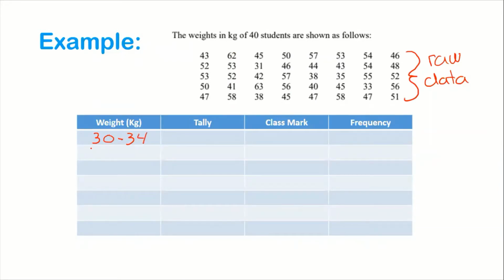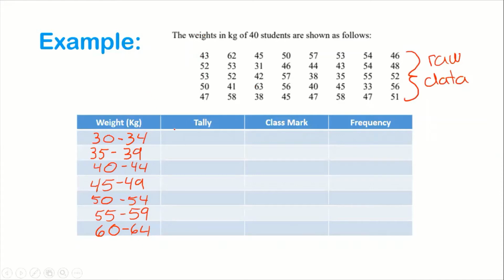And since they have to cover the entire data set, our next is going to be 35 to 39, 40 to 44, and so on, 45 to 49, 50 to 54, 55 to 59, and 60 to 64. If you go through these weights, none of them are going to be below 30, and none of them are going to be over 64.